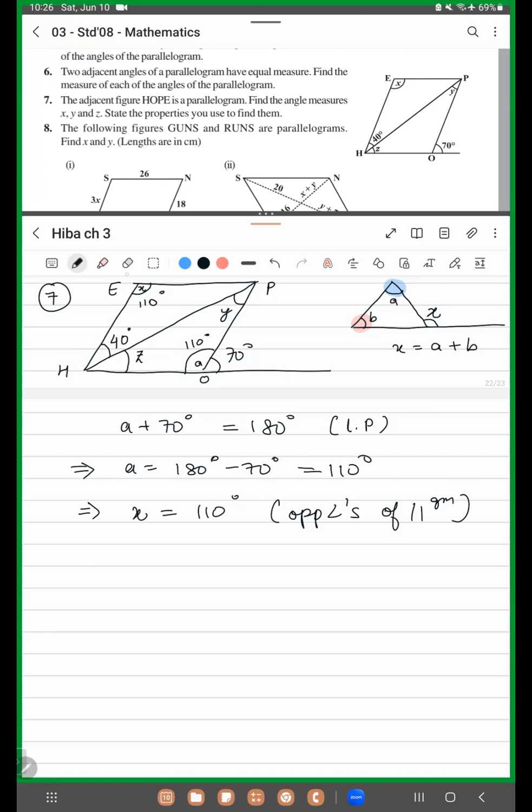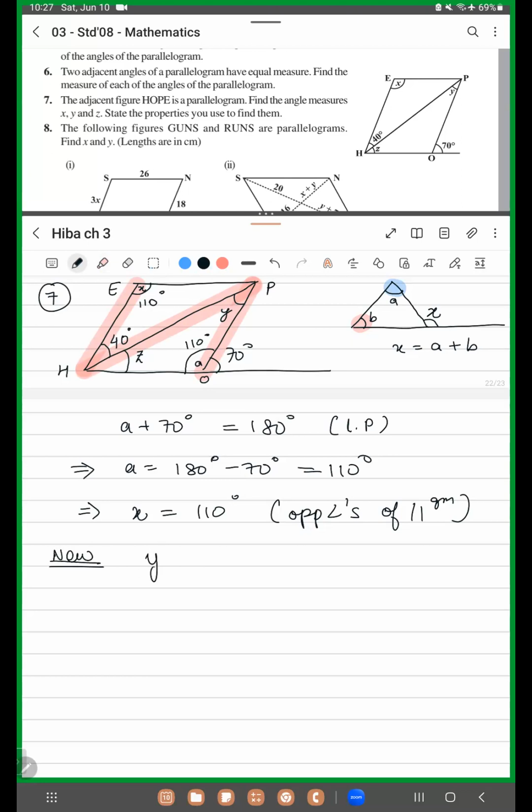Now let's look at this. Is this making a Z? Yes. So these two angles, we can say that Y is equal to 40 degrees, because they are alternate interior angles.